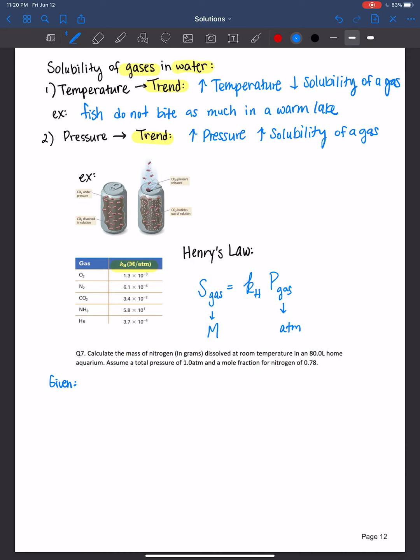We are given that the volume of the tank is 80 liters, that the total pressure is 1 atmosphere, and the mole fraction of the nitrogen is 0.78. And we need to find the mass of nitrogen in grams.